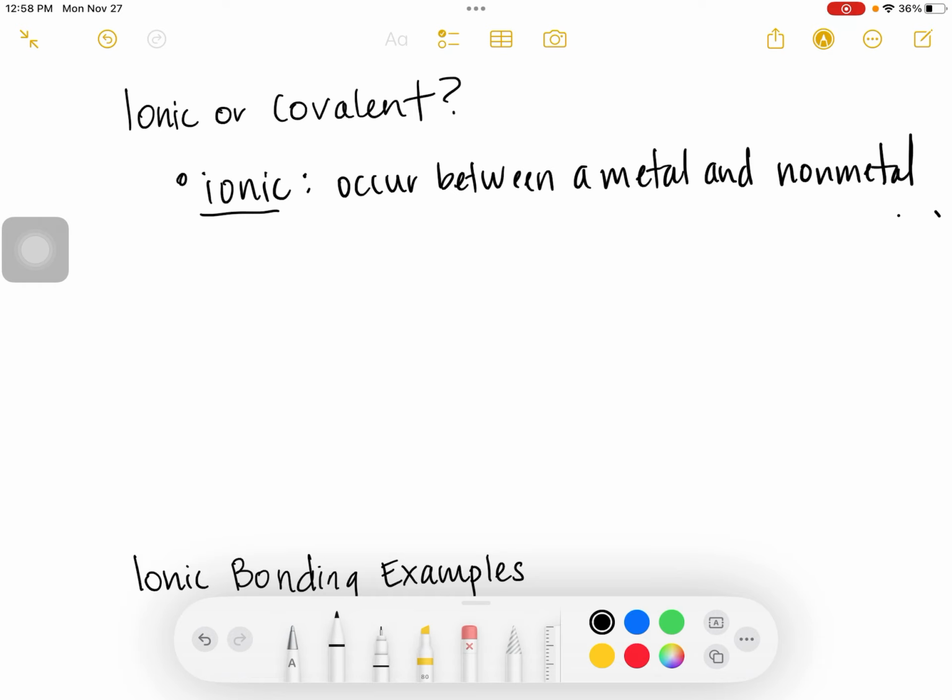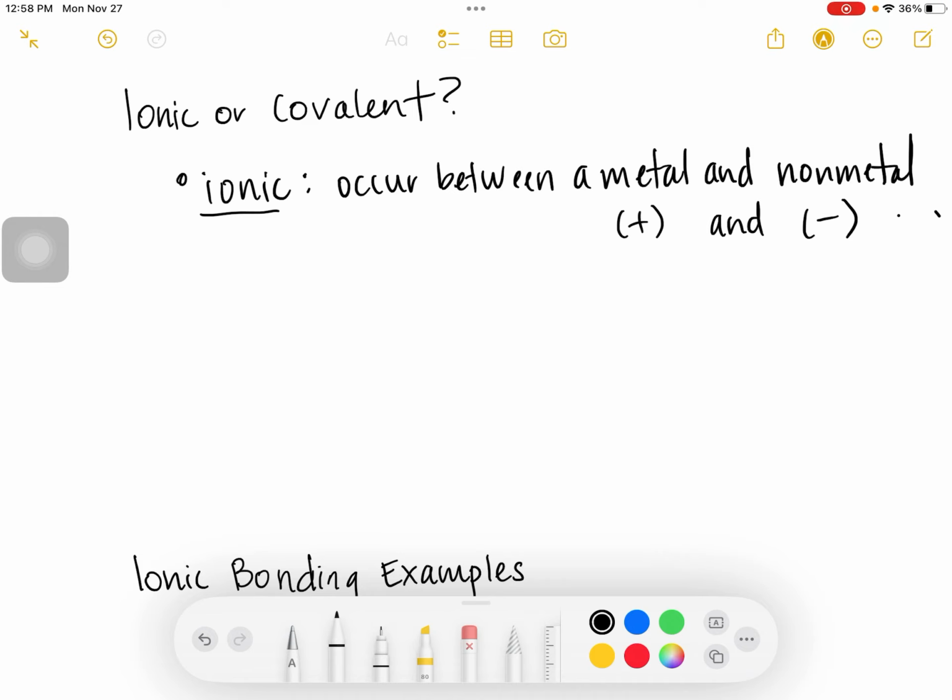So there's also a couple other ways we can say this other than ionic bonding occurs between a metal and a nonmetal. We can say that metals acquire positive charges when they form ions. Nonmetals acquire negative. So we could also discuss that this ionic bond occurs between a positive ion and a negative ion.